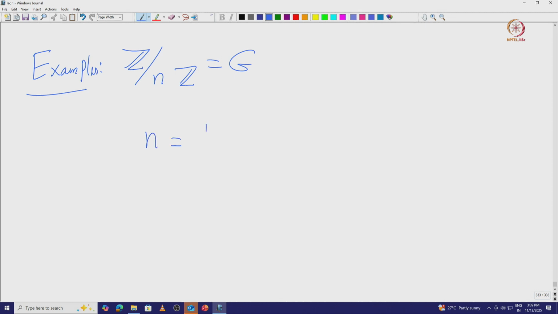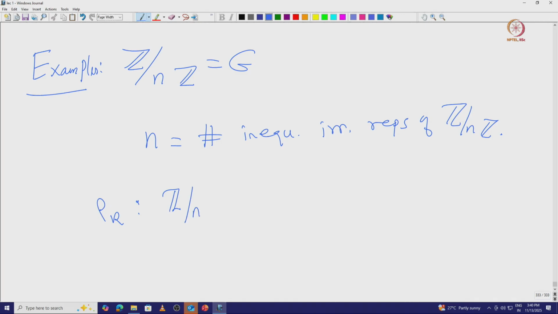It is not hard to prove that the following representations, which we constructed earlier, are all inequivalent irreducible representations, given by the maps rho_k, which are group homomorphisms from Z modulo nZ to C star, where the generator 1 bar is mapped to the element e^(2 pi i k / n).